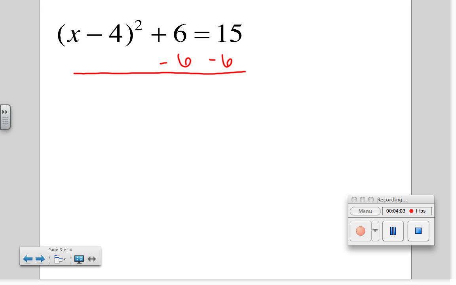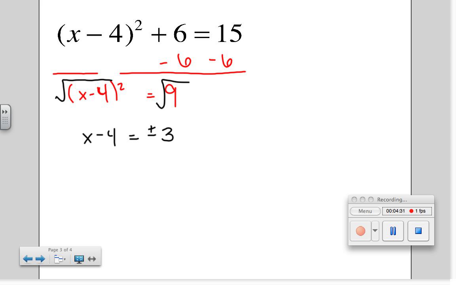Now I have x minus 4 squared equals 15 minus 6, which is 9. Now I've got the squared term by itself, so I'm going to square root both sides. I get x minus 4 equals, yes, you got it, plus or minus 3. Add 4 to both sides, and I get x equals 4 plus or minus 3.